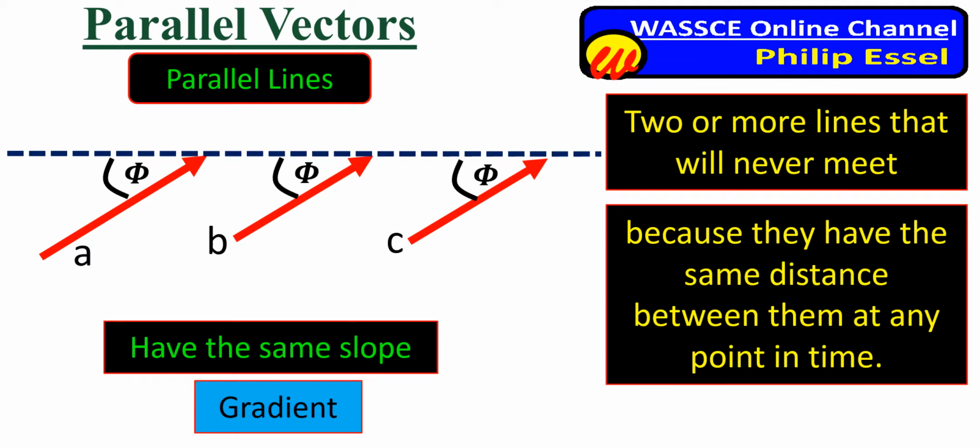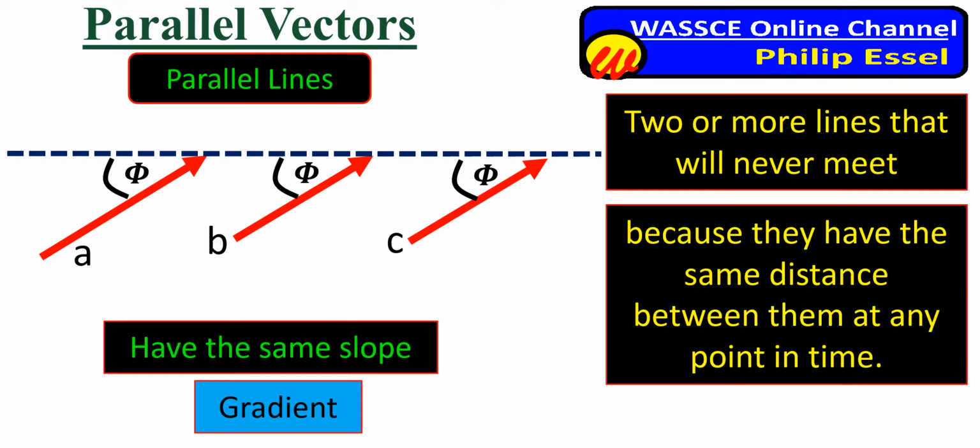So it's also something you really need to note. And we'll be making use of this very information when we look at parallel vectors. So note that parallel lines can move in the same direction and they can move in opposite directions.